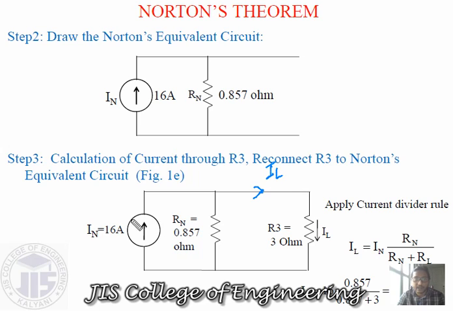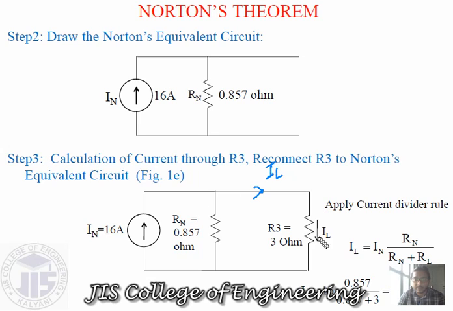Now here IN is the overall current, and the circuit contains only one current source, only one resistance, and one other load resistance. So obviously we can apply the current dividing rule and simply get the amount of current.